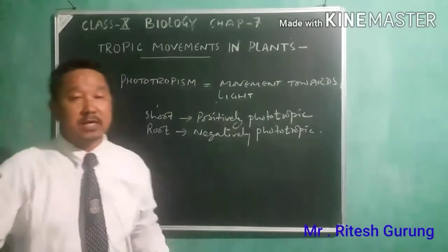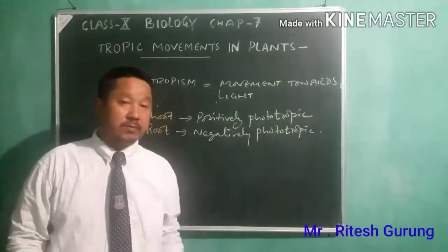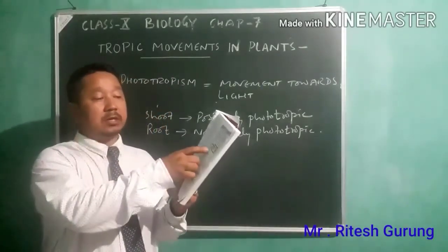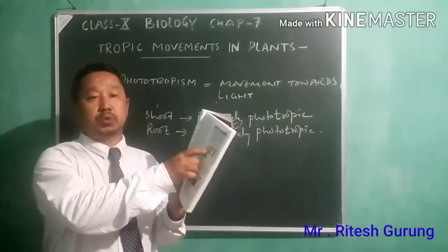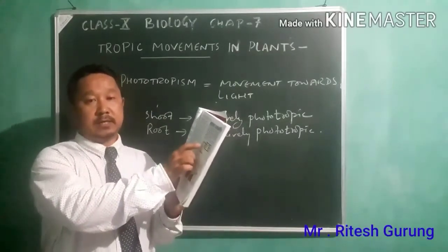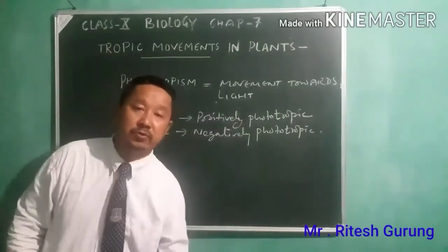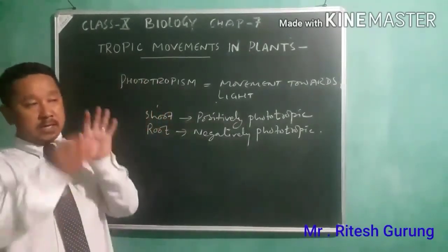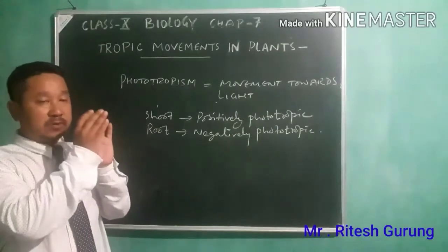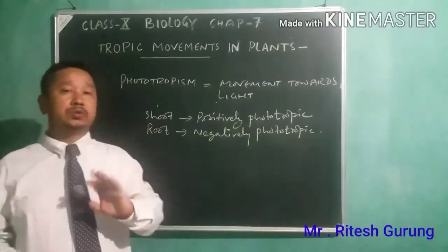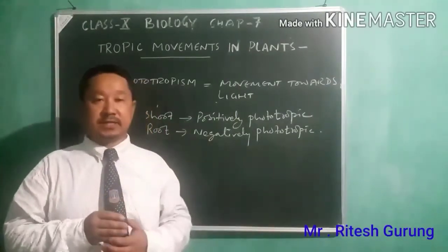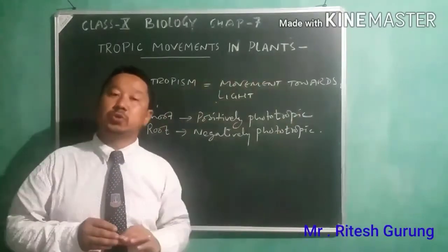Keep a potted plant there in the dark room and mark the direction of the shoot of the potted plant in the beginning, where it is facing. Then after a week, you go there and you find the shoot system of that potted plant changing its direction, turning towards the source of light.